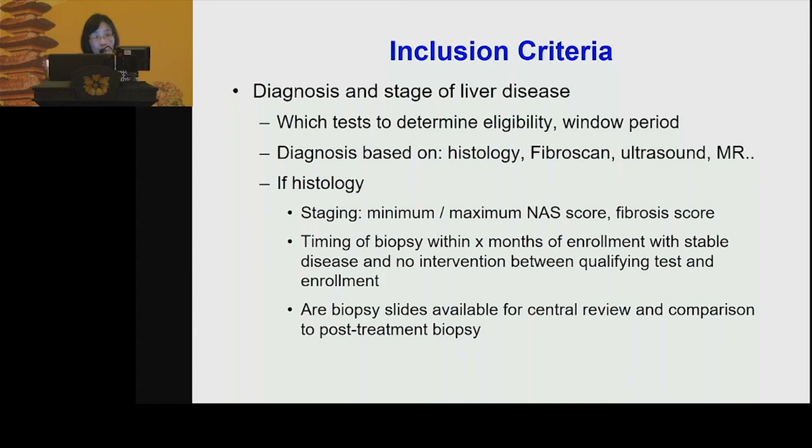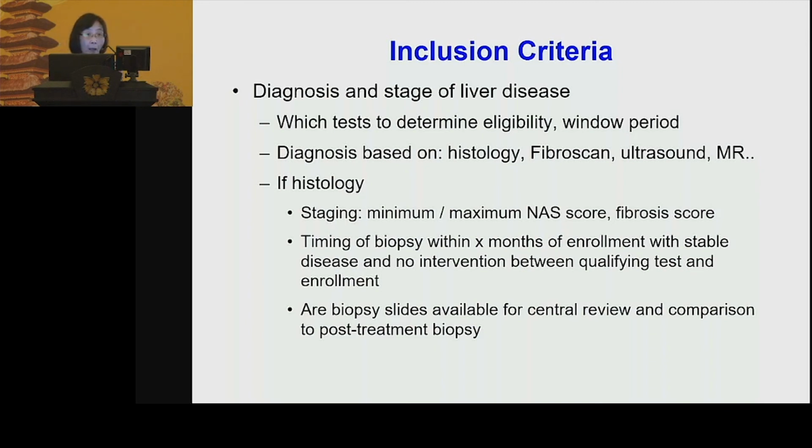But what if the patient lost 10 pounds after that biopsy? So now that historical biopsy may not be reflective of the current status. So you have to think of the time window that you allow that test to qualify the patient to be in the study, and how severe the NAFL score, the NASH score, as well as the fibrosis score, because it depends on what your primary outcome is.